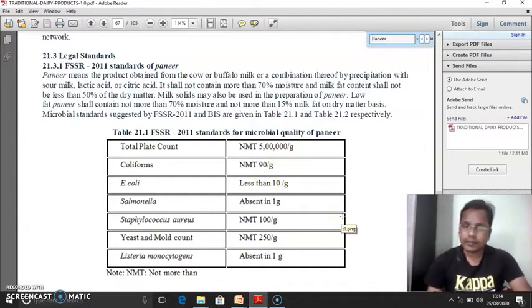Escherichia coli, that is E. coli, should be less than 10 per gram. Salmonella must be absent in 1 gram. Staphylococcus aureus not more than 100 per gram. Yeast and mold count not more than 250 per gram. And Listeria monocytogenes should be absent.